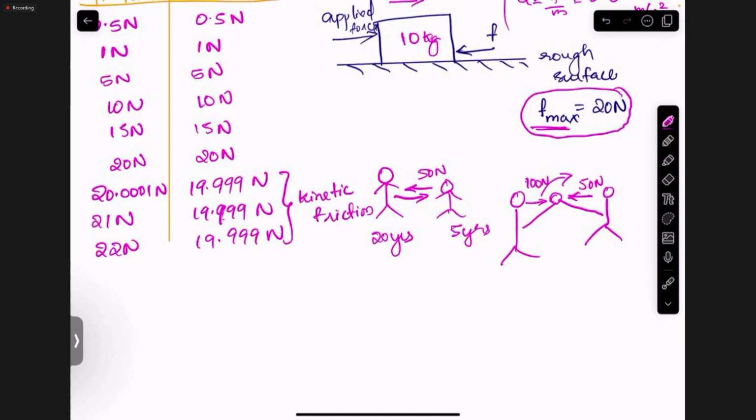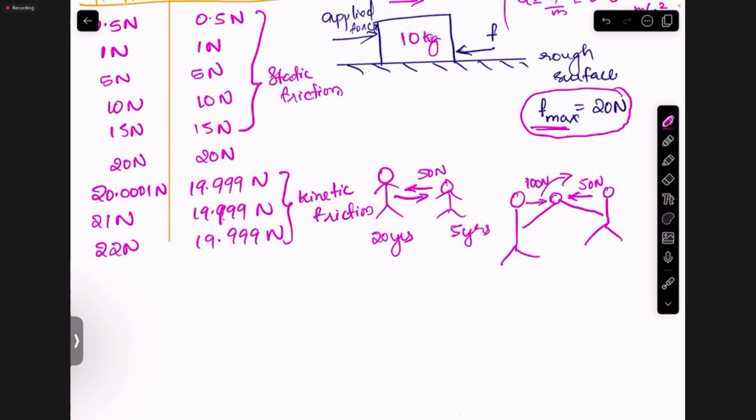And this is called the static friction. Static friction will vary according to the applied force, and kinetic friction will be a constant value, which will come into the picture once the object is moving, or if there is a relative motion between two surfaces.